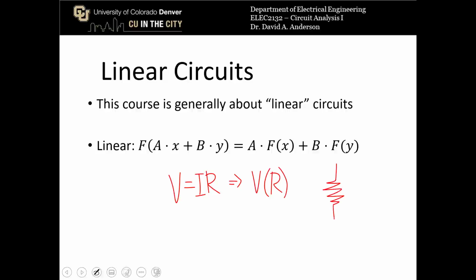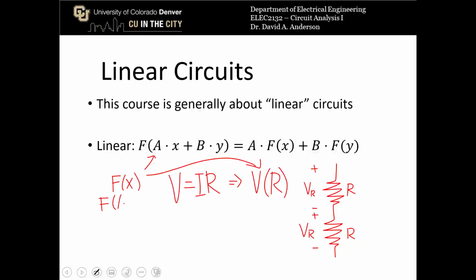So, for example, if I have two resistors in series, I'll call the resistors both resistance R, and I will say that the voltage across either resistance is V sub R. Now, f of x is going to be the voltage as a function of the resistance.